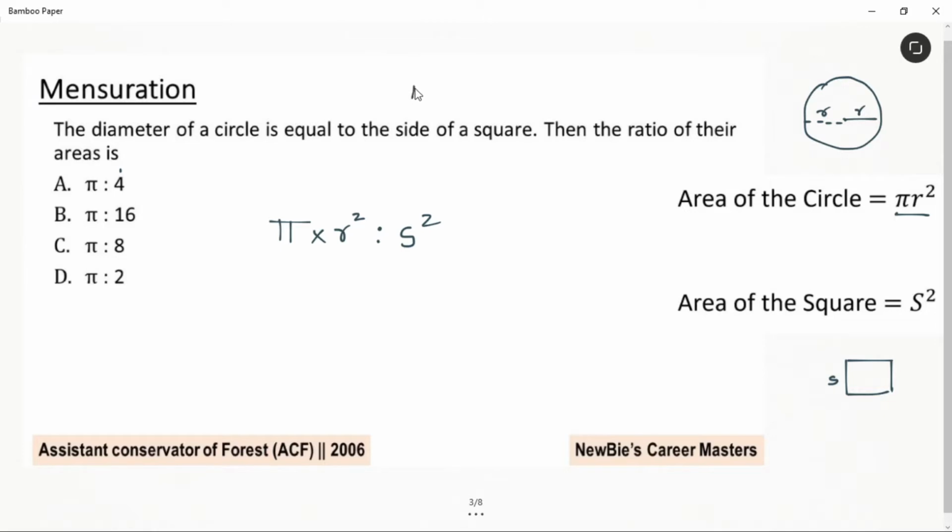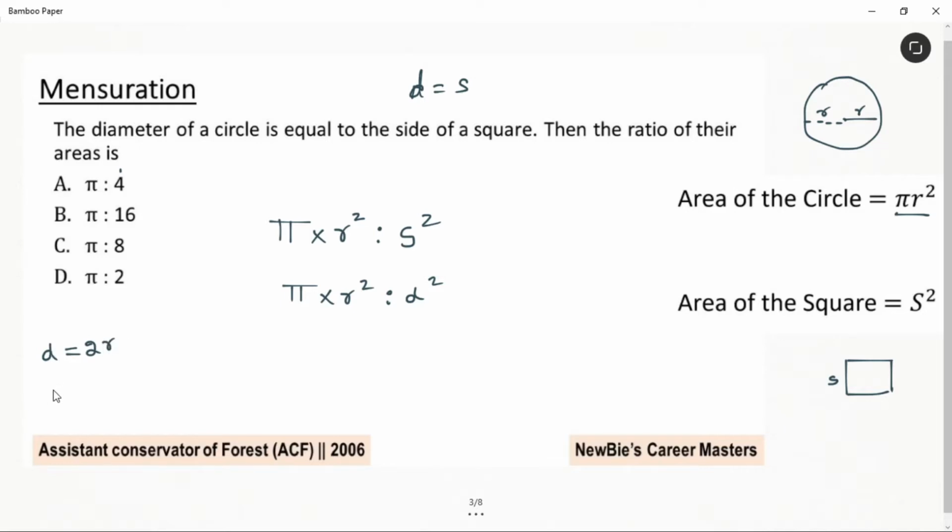They're telling us diameter is equal to the side. Instead of this s square, we can rewrite this as pi into r square is to d square. Instead of s, you can write d square. Then let's convert this r to d. We know d is 2 times r, correct?